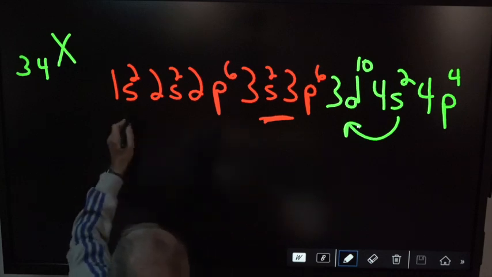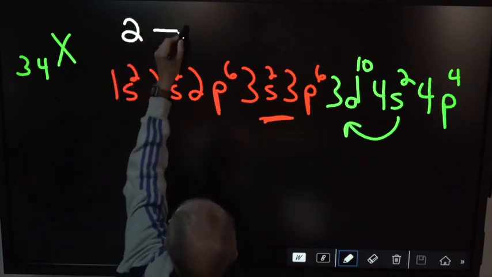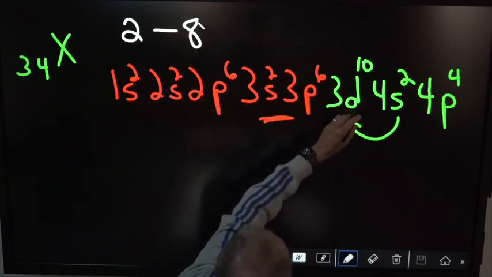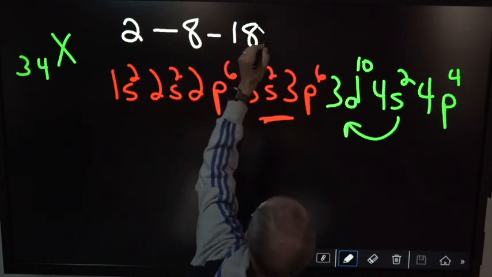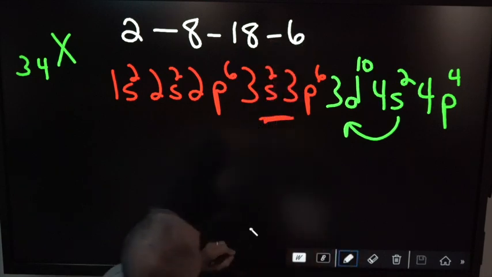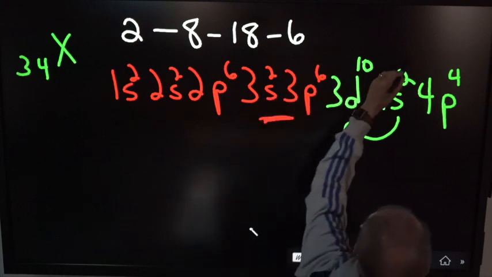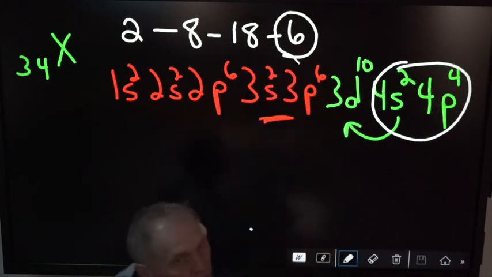The dash, 2 in the first shell, 8 in the second. Now I have 2, 6, and 10. I've got 18 in the third shell, and I have 2 and 4. I've got 6 in the last shell. So now my valence shell is this, and the number of valence electrons is 6.